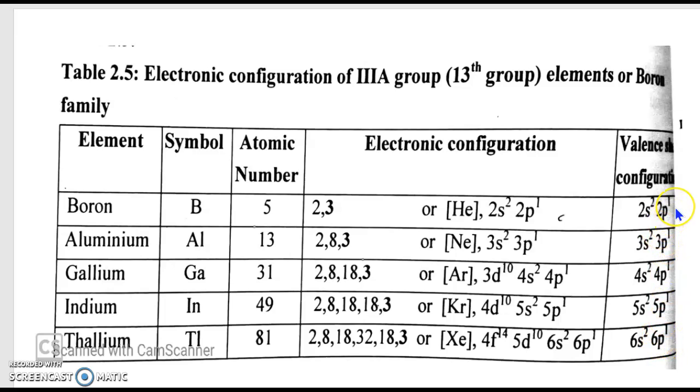This means the last electron goes in the p orbital in all elements. That's why these elements are called p-block elements, and in the outer shell there is one electron in the p orbital in all elements from boron to thallium.